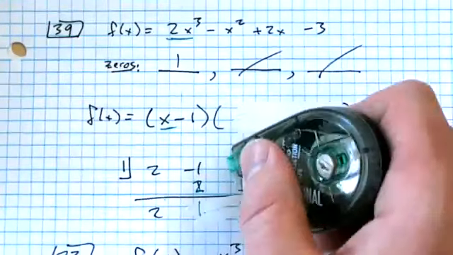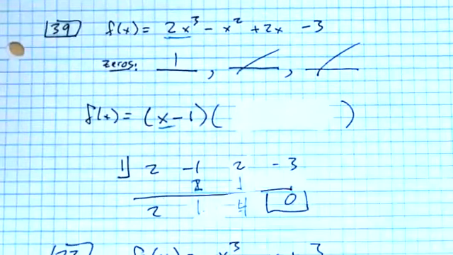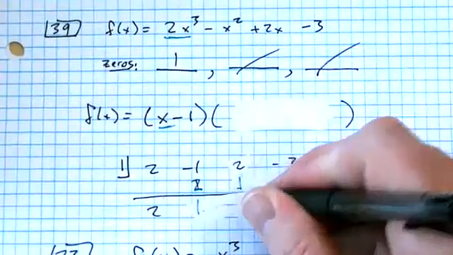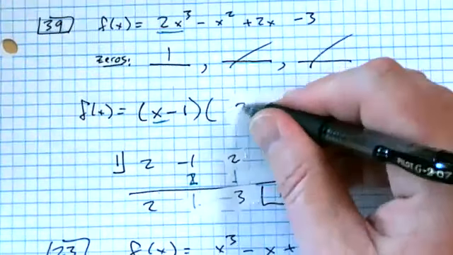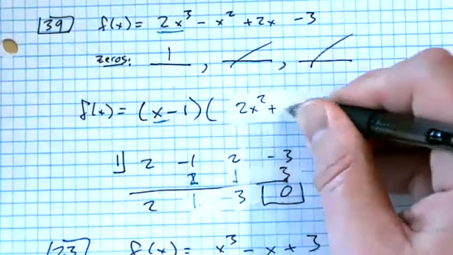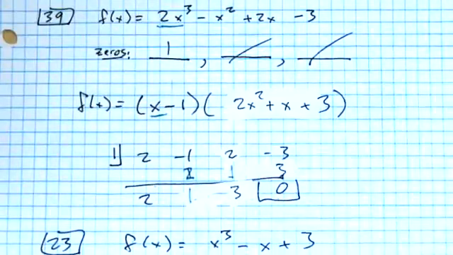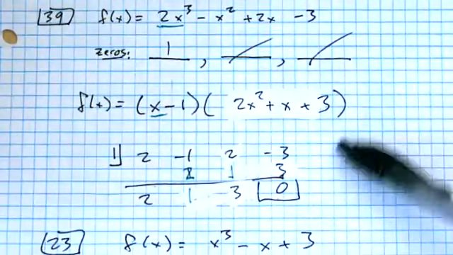Man, I made multiple mistakes and they didn't cancel each other out. It's terrible. All right, let's try this again. So that makes this a 3. Okay, and this is a 3, and then we get 2, 1, 3. So I'm sorry, it should have been 2x squared plus 1x plus 3 here instead. Thank you for that correction. And we don't need to go any further because I know that this is going to give me complex zeros.